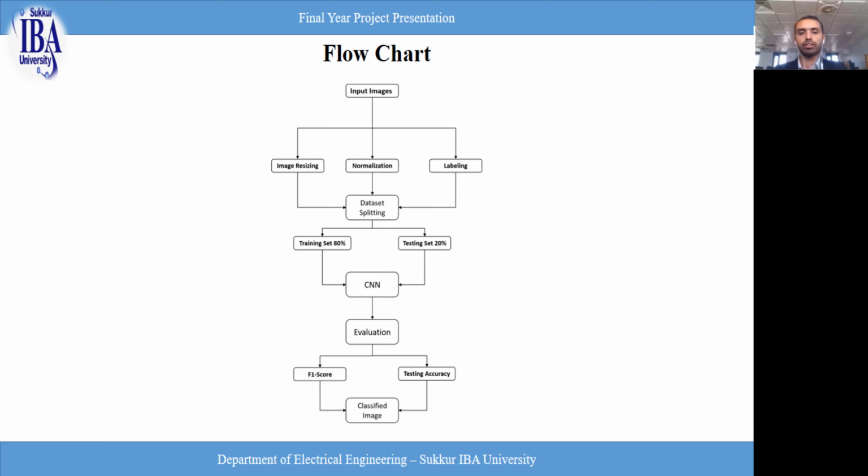That's the flow chart. First of all, we will be giving the X-ray images as an input, and then we will resize that image. Definitely the images are of different sizes, and we have to make them a single size, so we have to resize the image.